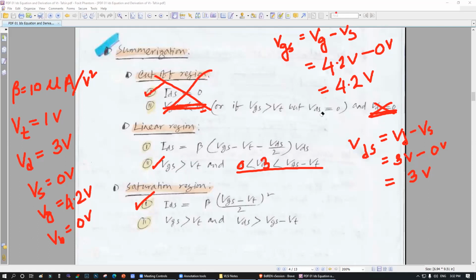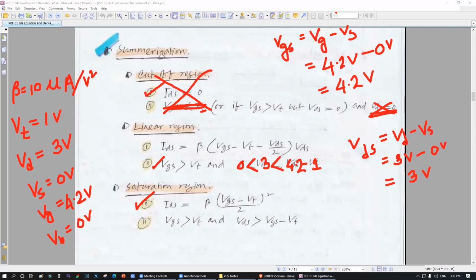And your VGS minus VT, your VGS is equal to 4.2 volt minus VT volt, right? So obviously 3 is more than 0, but is it less than 4.2 minus 1?